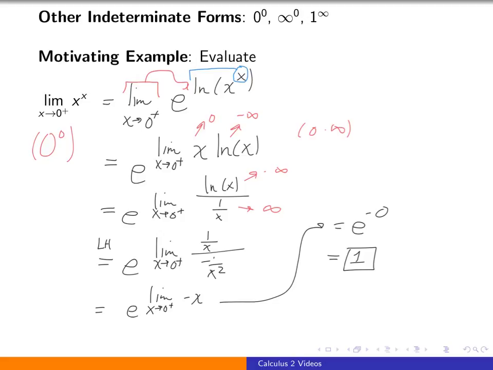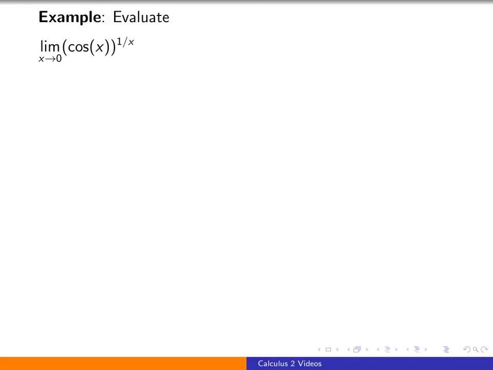And notice what happened here, the general form that we can expect to see is if you have f of x raised to the g of x, this is equal to e to the natural log of f to the g. But that exponent g is always going to pull out in front of the natural log. So we will typically jump immediately to that step. So let's look at a similar limit.